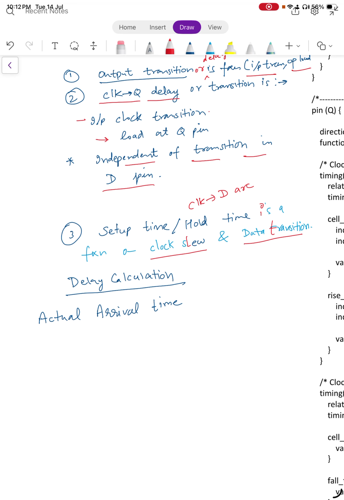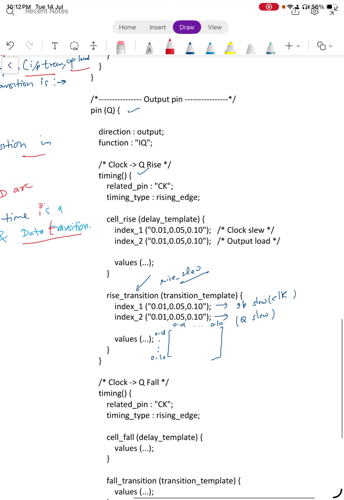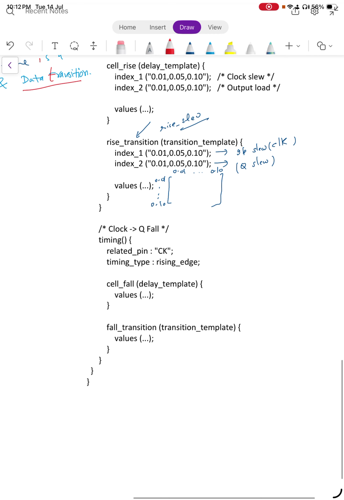These are also calculated with the help of a lookup table, which is a 2D table and is a function of input clock slew and data transition. So let's try to see that in our example.